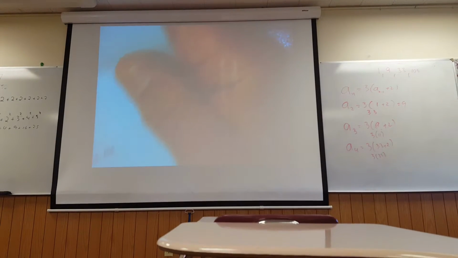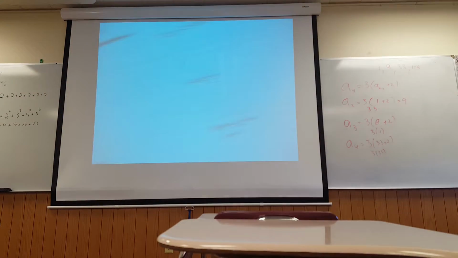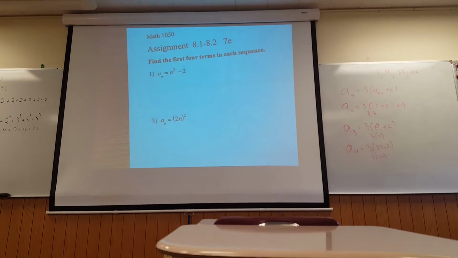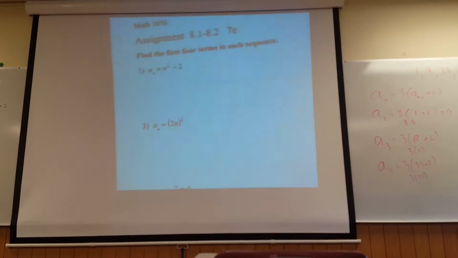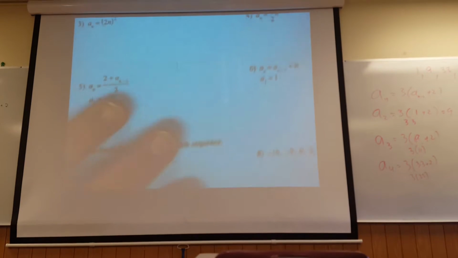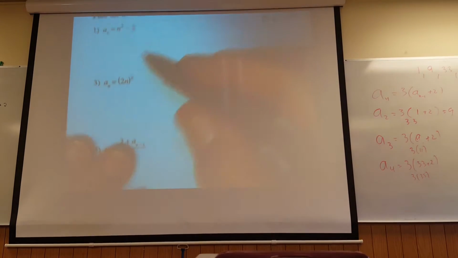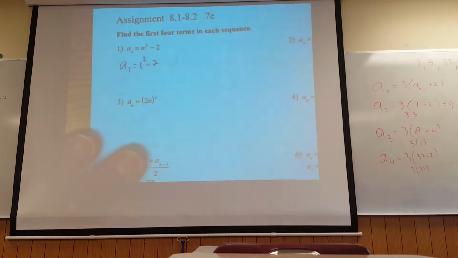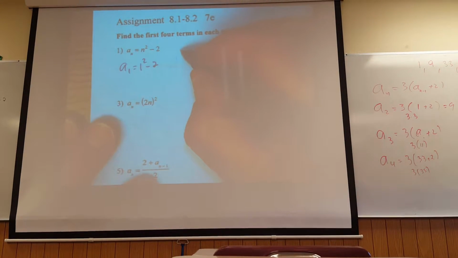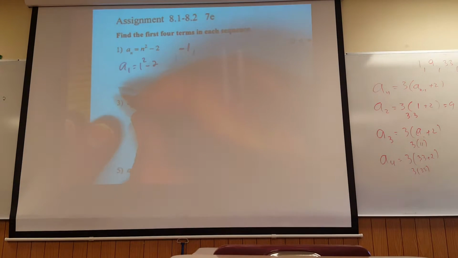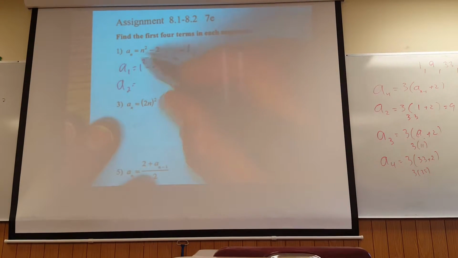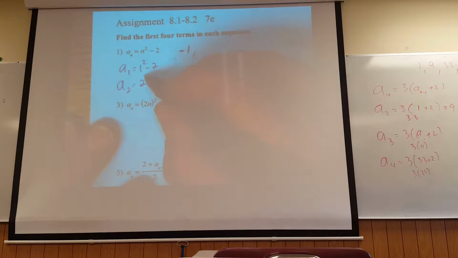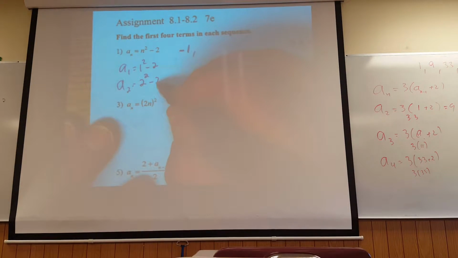Doesn't follow, you know, you're just gonna put n in. So if we need to find the first 4 terms of this sequence, okay? The first term, a1, is gonna be 1 squared minus 2. So the first term is negative 1, okay? The second term, that means n is gonna be 2. So that's 2 squared minus 2.